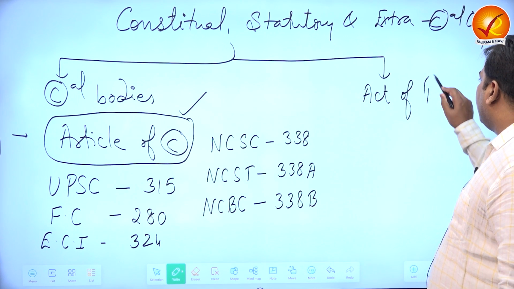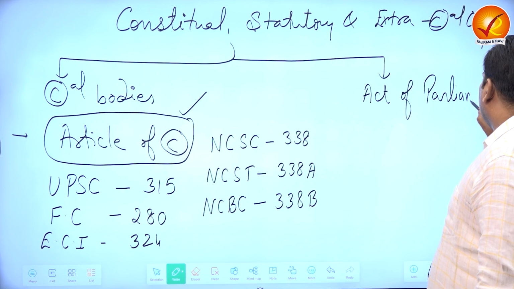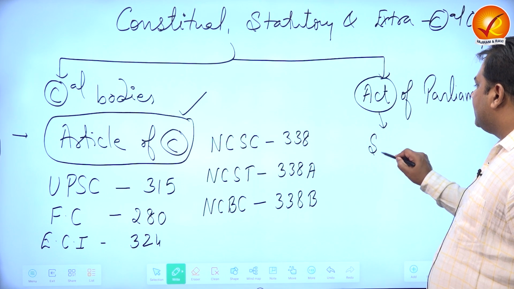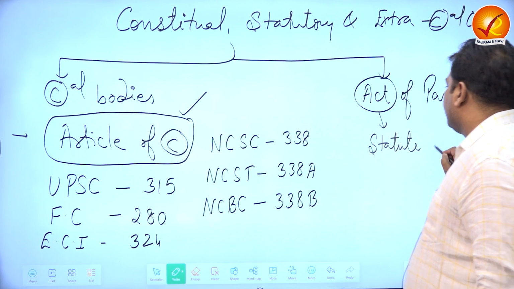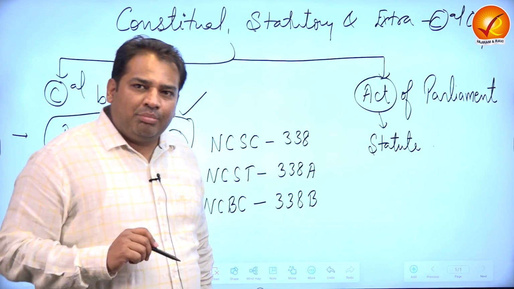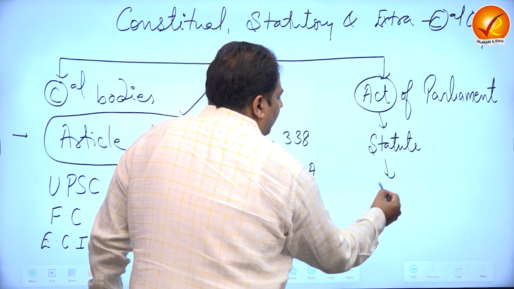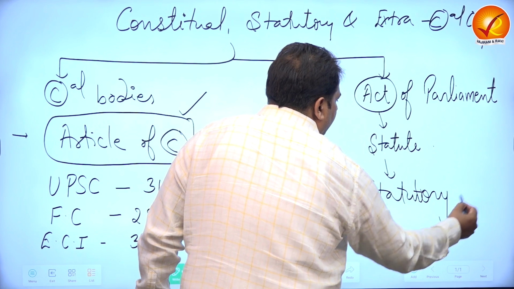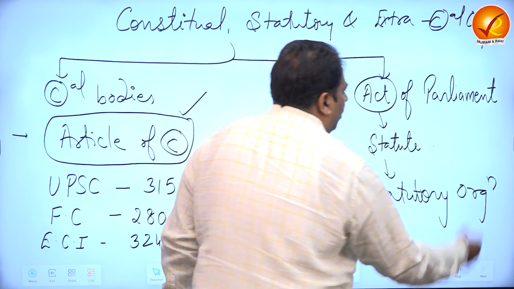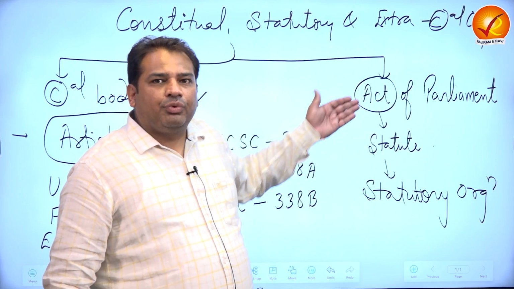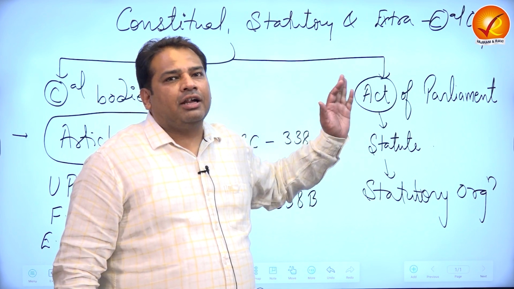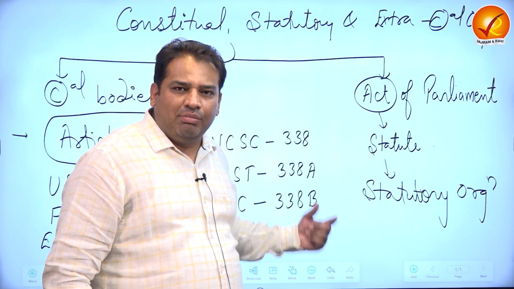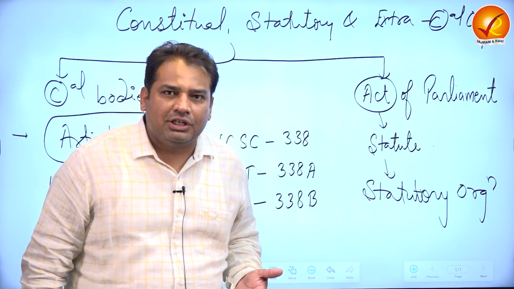Then another set of organizations are those created by an act of Parliament, and because an act is generally called a statute, the term becomes statutory organizations or statutory bodies. So from an act, an institution is created. An act is also called what? Statute. So as the name says, statutory bodies or statutory organizations.